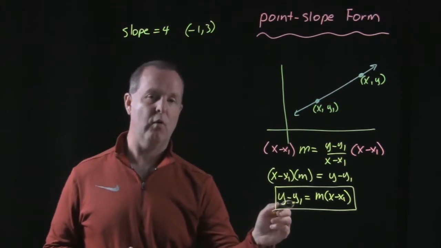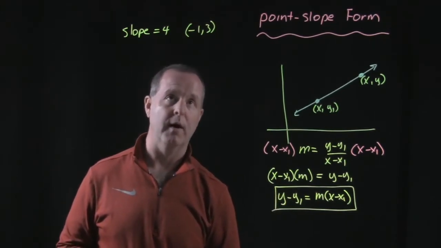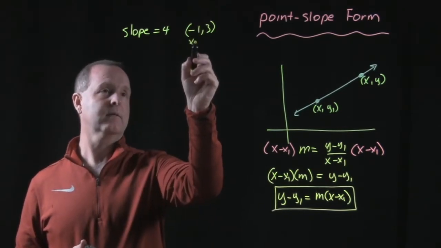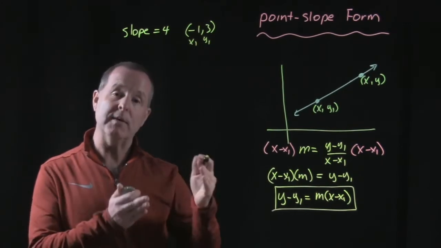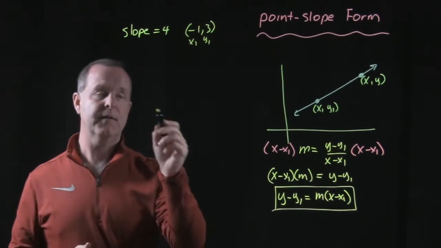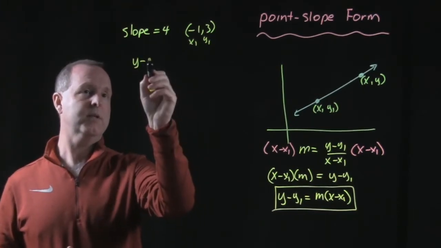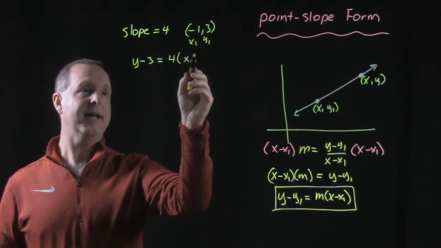So our point slope form was y minus y1 equals m times x minus x1. So these are my x1, y1 points. That's the set point that I know was on the line. So then using this equation, that's y minus my y1, which is 3, equals my slope times x minus my x1.